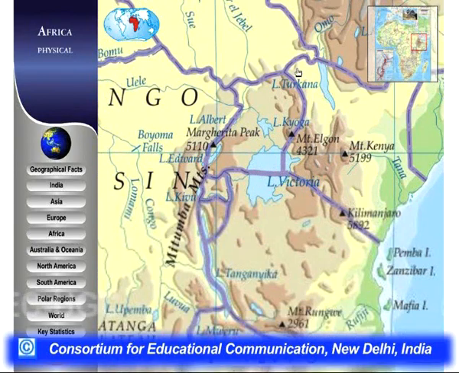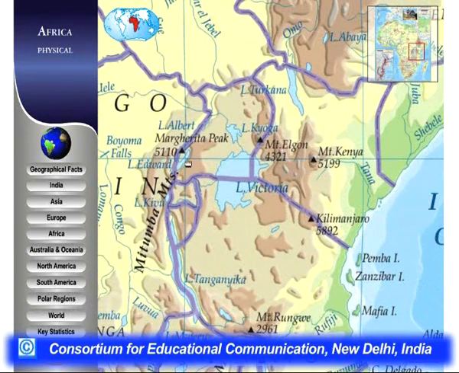And now subdivision of this volcano, which is Margarita, Mount Elgon, Mount Kenya, Mount Kilimanjaro, Mount Rungwe. See the surroundings. In between these volcanoes, this is the common crater called Victoria.